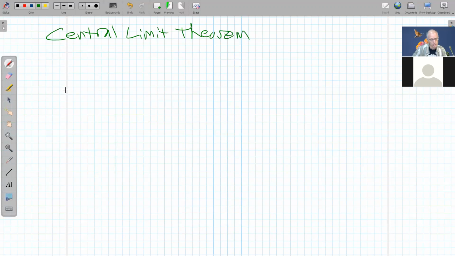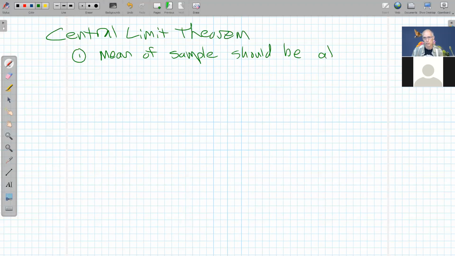So in addition to saying the mean of the sample should be about the same as the mean of the population, so that's one thing the central limit theorem says.